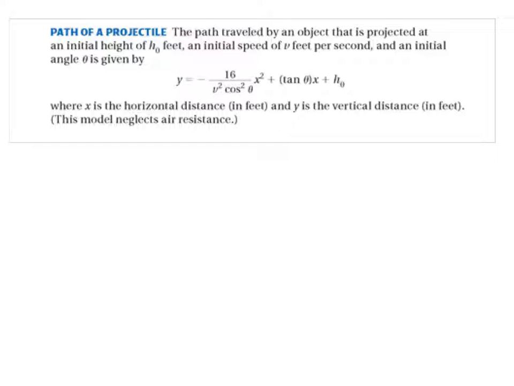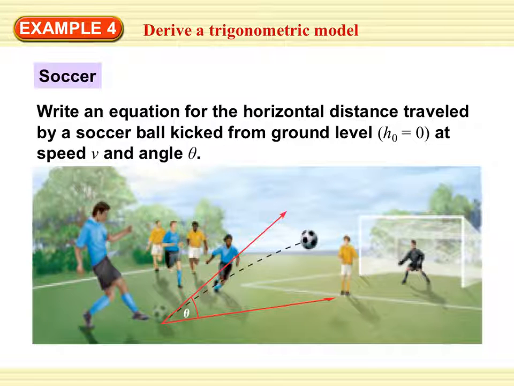This model neglects air resistance, which is very much a physics thing. So if we look at this example in soccer, we need to write an equation for the horizontal distance traveled by a soccer ball kicked from ground level, where h sub 0 equals 0, at speed v and angle theta.